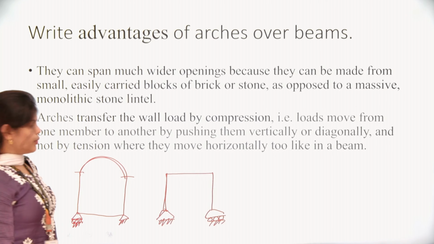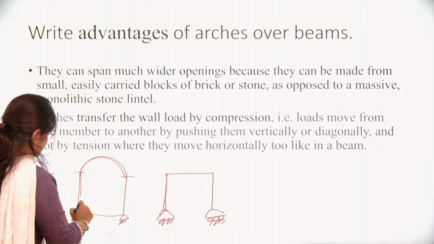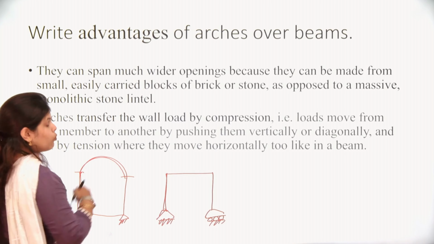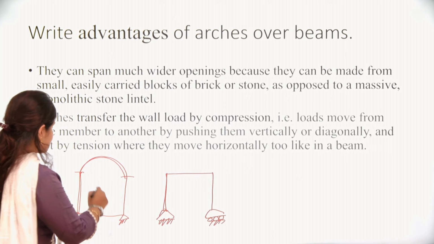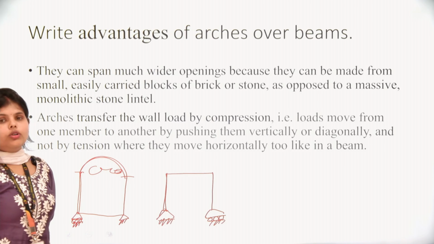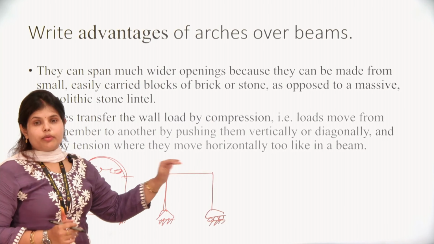Both are simply supported. So what is the difference generally? We can say the difference is the wider span. You can see this structure is wider and it can take more load than the normal beam.